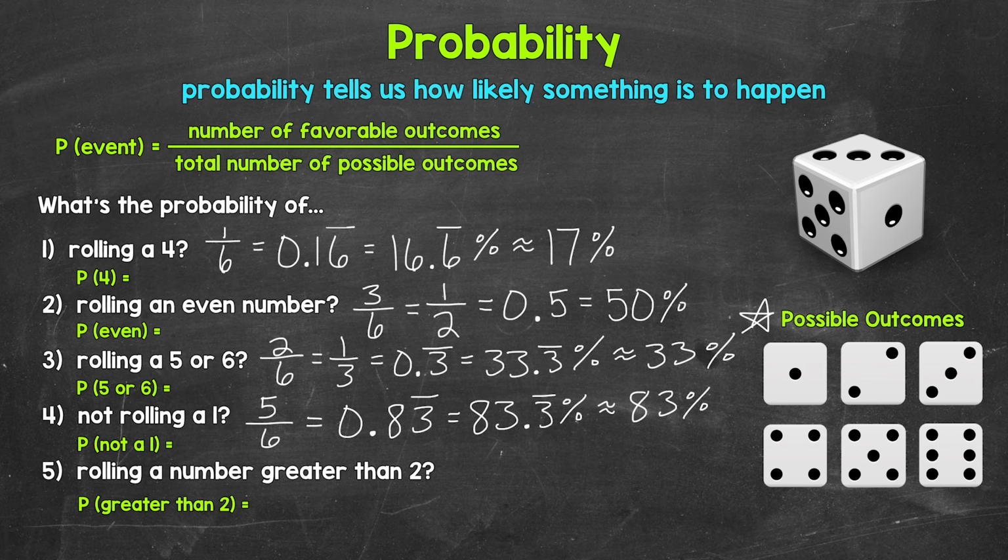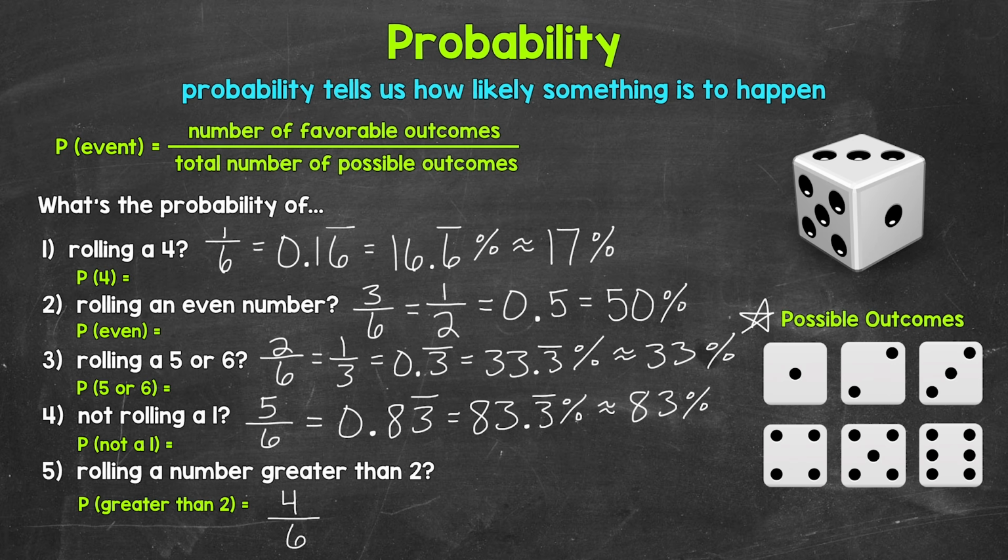And lastly, let's move on to number 5, where we have what's the probability of rolling a number greater than 2? So we have 3, 4, 5, and 6. That gives us 4 favorable outcomes here. So we have 4 favorable outcomes over 6, the total number of possible outcomes. So our fraction here, 4 over 6, 4/6.